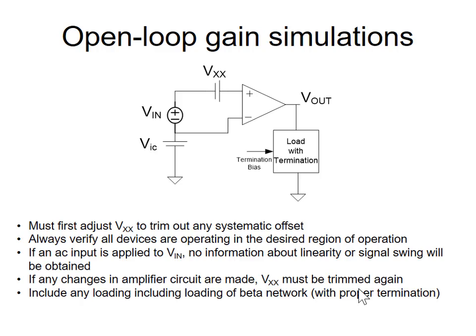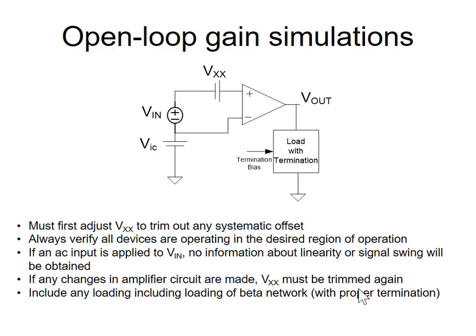So if there's a resistor on the output and there's a resistor divider, then this load would be RL in parallel with a series combination of those two resistors. And that termination network needs to be biased correctly so it doesn't change the Q point of your amplifier.